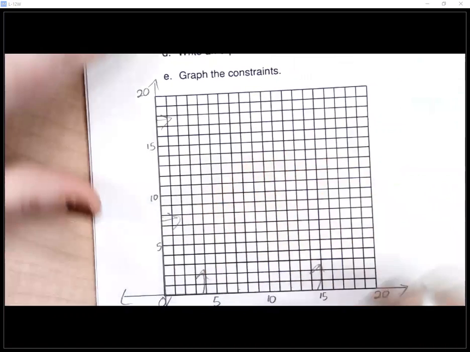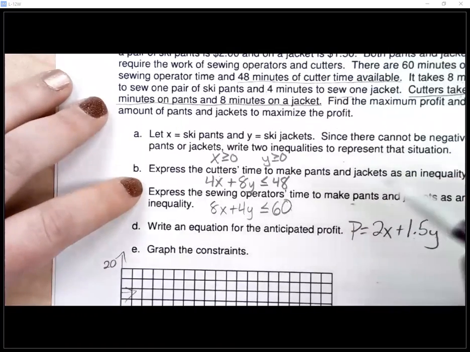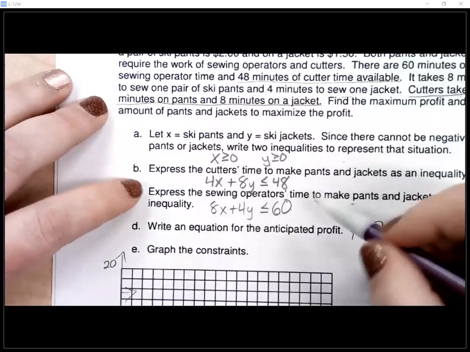I'm gonna go up and take a moment and rewrite my inequalities in slope-intercept form.